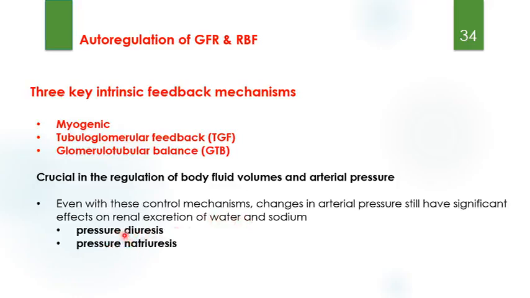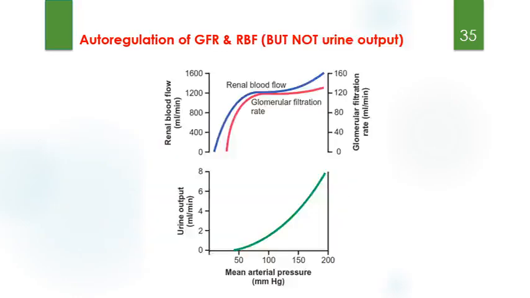Pressure diuresis means that by increasing blood pressure, we lose water from the body, and also by increasing blood pressure, we lose sodium from the body. In this figure, you see the relation between mean arterial pressure and the renal blood flow and also GFR.